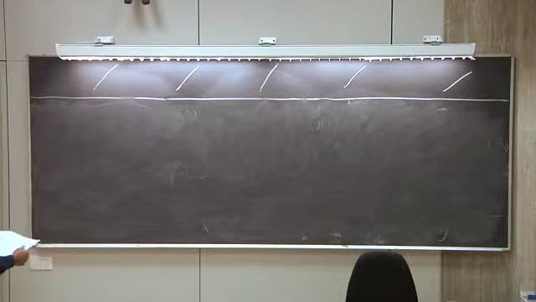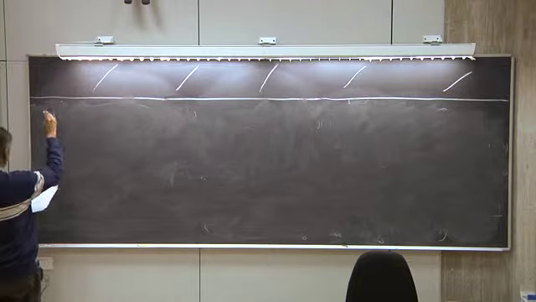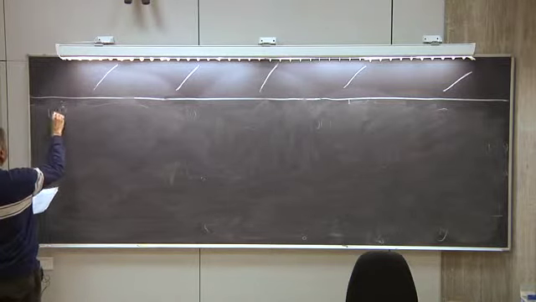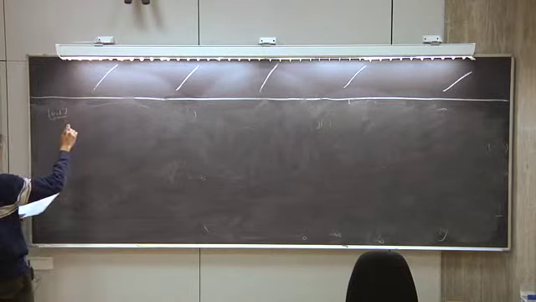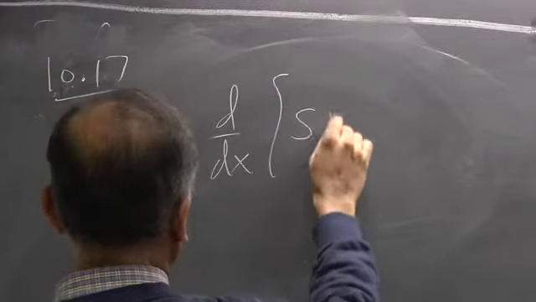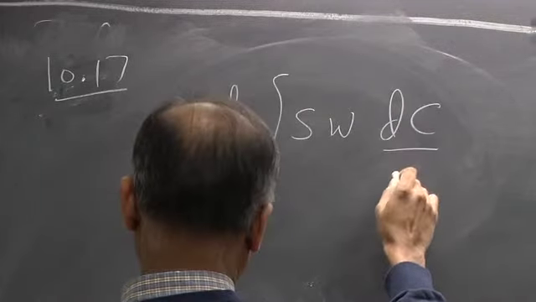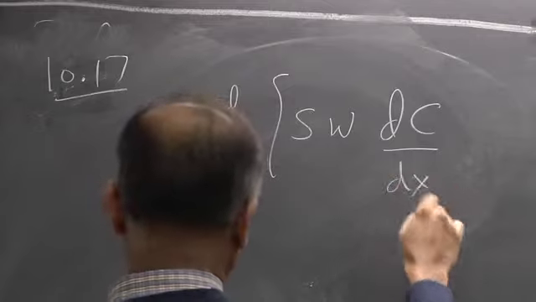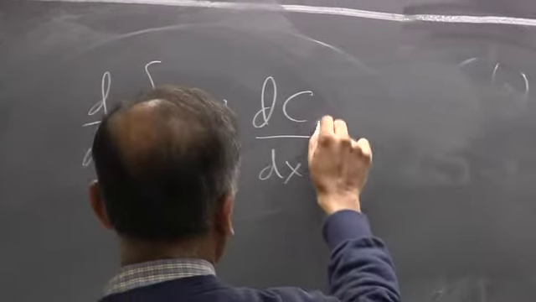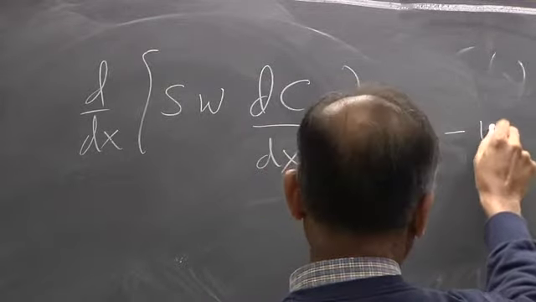Yeah, so the differential equation was d by dx. I'm going back to equation 10.17, and it was d by dx of s w dCn over dx. This was equal to minus w.